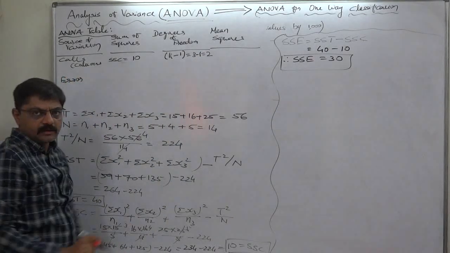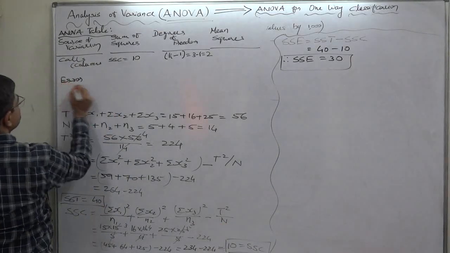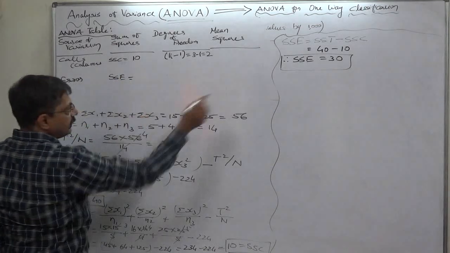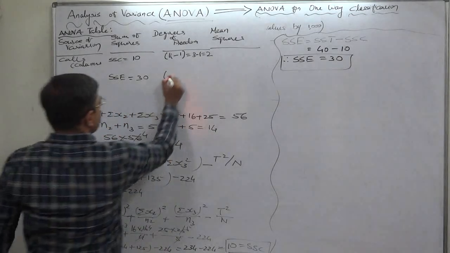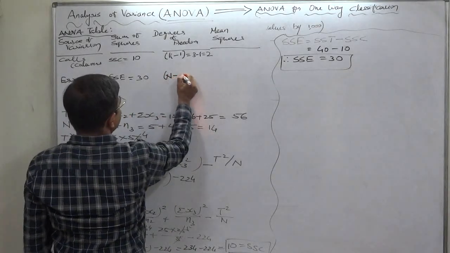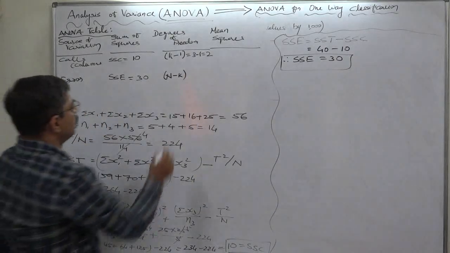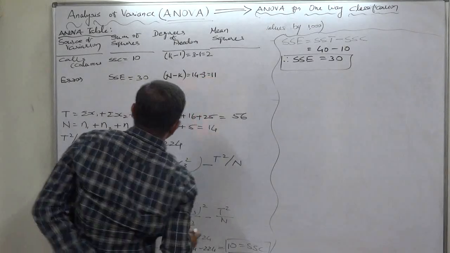Error means residual, because of the sampling fluctuations, you can say that. SSE we calculated is 30. For that, total number of units minus number of columns or number of levels of the independent variable. It comes to 14 minus 3 equals 11.